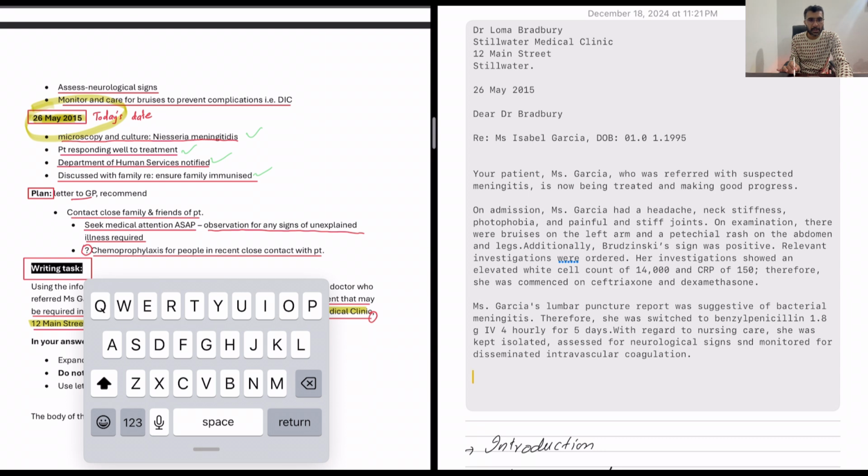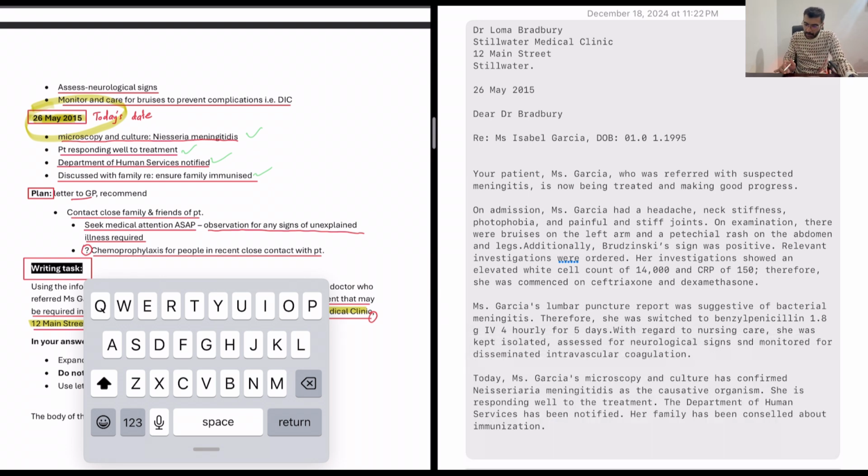So today, Ms. Garcia's microscopy and culture has confirmed Neisseria meningitis as the causative organism. The N of Neisseria will be capitalized here, as Neisseria is a genus name.